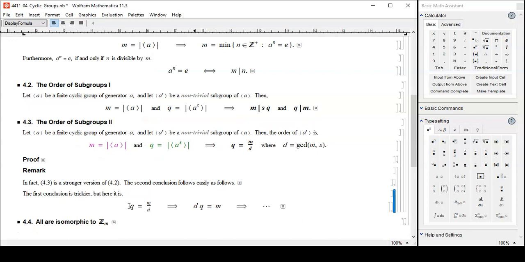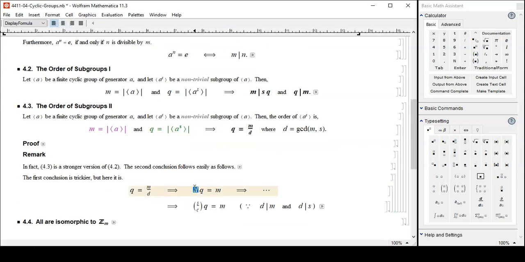Well, Q is M over D, so DQ is M, so far so good. And then here we make some interesting observation. This D is equal to S over C, which is an integer, because D divides S. Does it make sense?